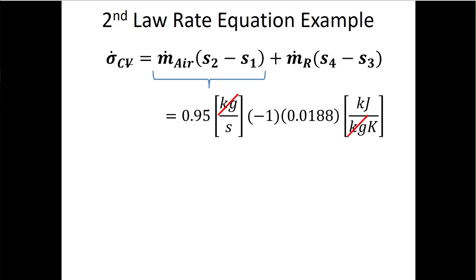You got to be careful because it could be in kilograms per minute, right? And I get here a value for the entropy generation rate on the air side. This one's negative, which makes sense because the air is cooling down. We expect this part to be negative.